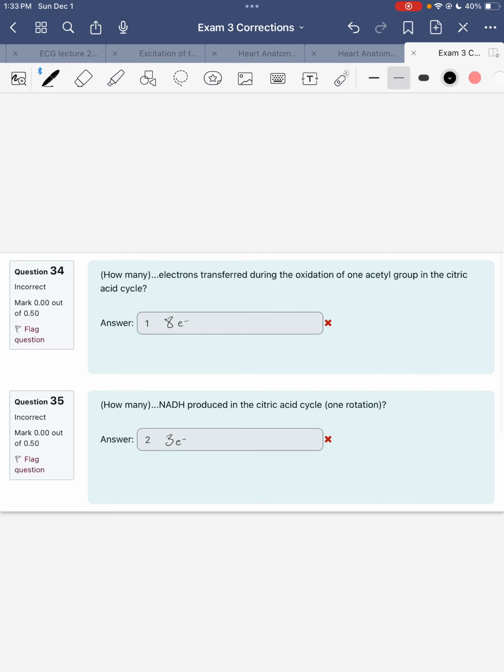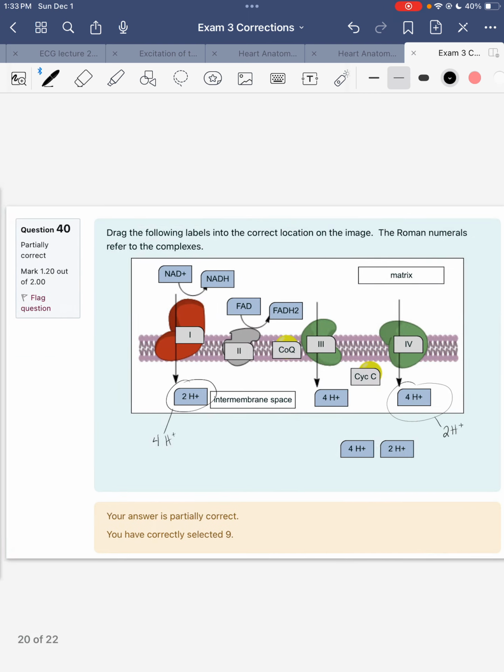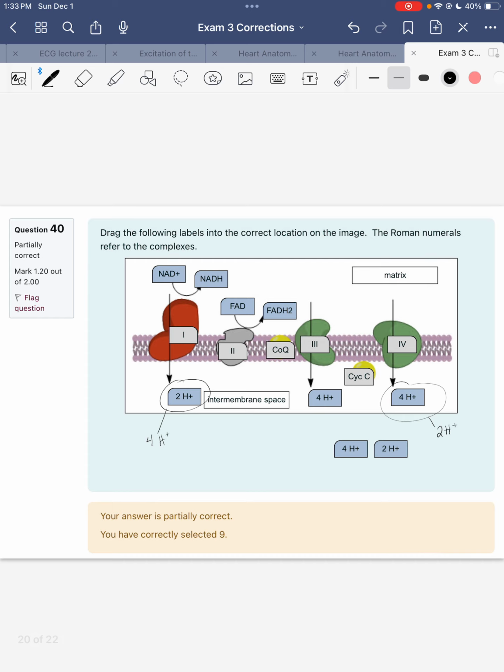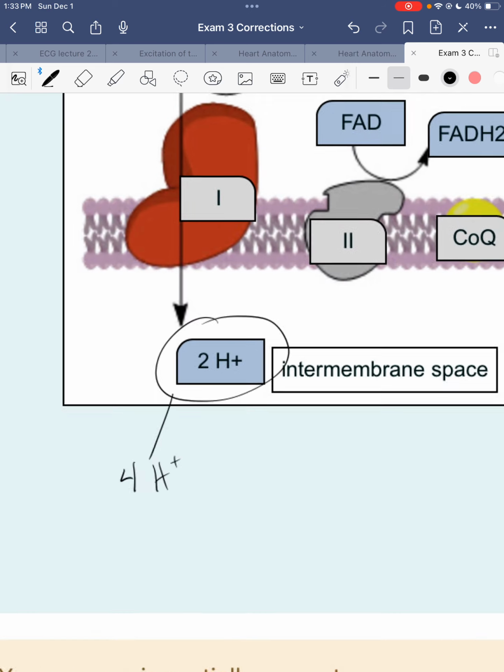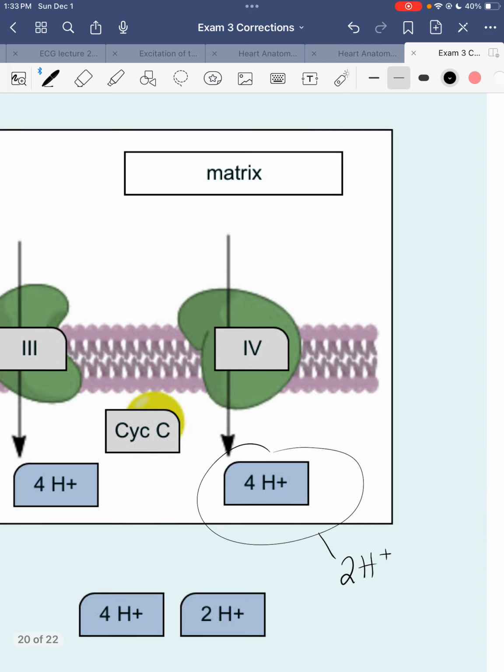This next one should be 8 electrons. 35 should be 3 electrons. 2 CO2, 10 protons, 4 ATP. This one I just flipped the protons around, so it should be 4 protons at complex 1, 2 protons at complex 4.